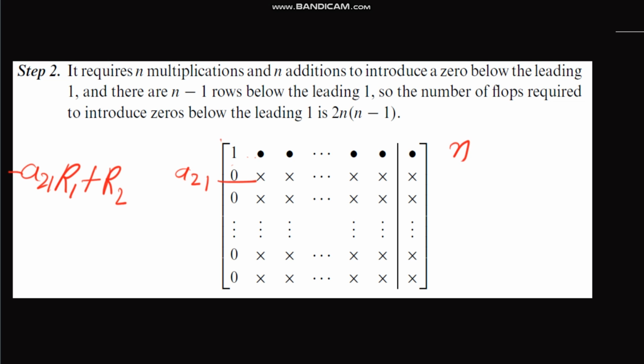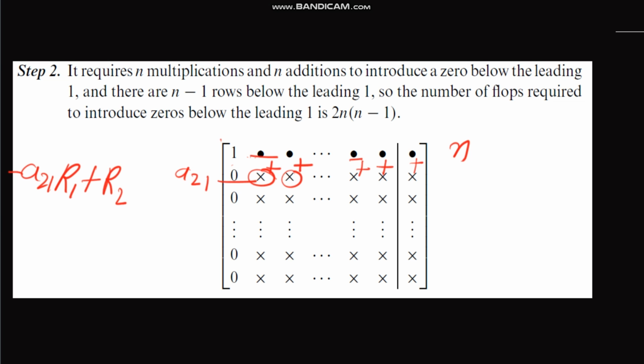Then how many additions do we have to use? After multiplying minus a21, we have to add with this element, and similarly with this element.